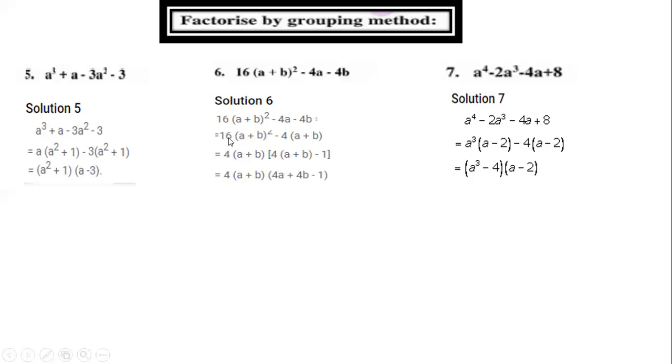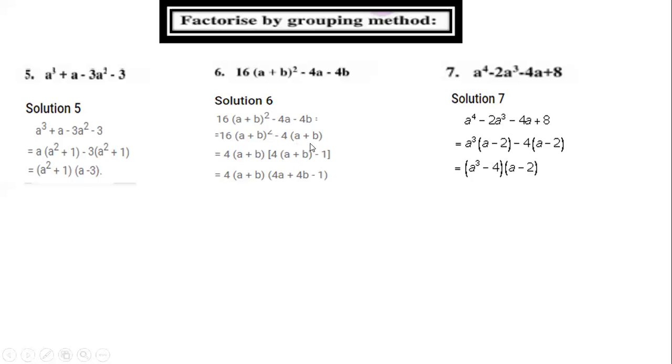Now see, 16 can be written as 4 into 4. (a + b)² can be written as (a + b) into (a + b). Here 4 is there, a + b is there. So from these two terms, we can take 4(a + b) as a common quantity. Take out 4(a + b). And we are left only with 4 is out, so from 16 only 4 is left. (a + b)², a + b is out, so we are left only with a + b.